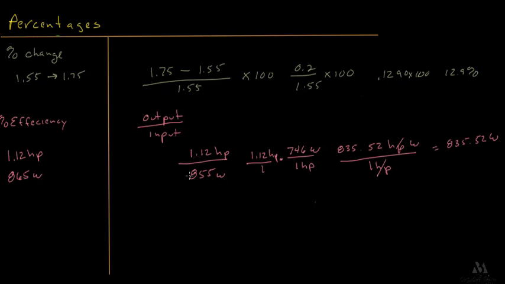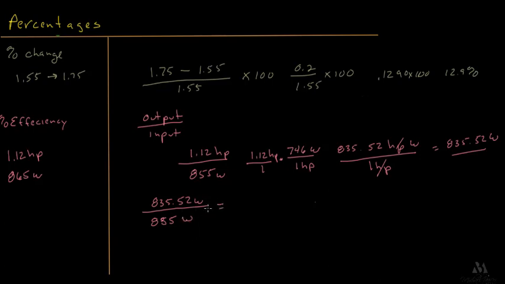All right, so let's go back to our original equation. Rather than the 1.12, we are going to sub in our converted number. 835.52 watts is what we got out of the motor in terms of work, and we put in 855 watts.